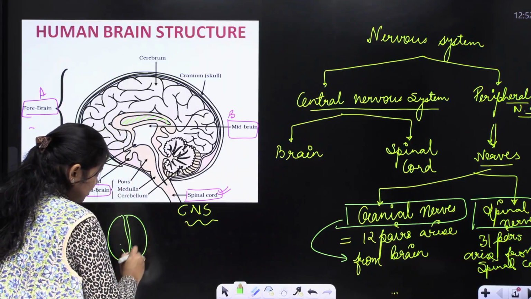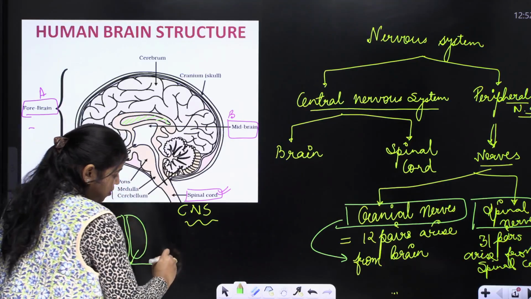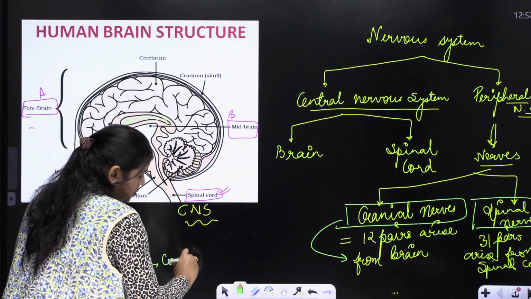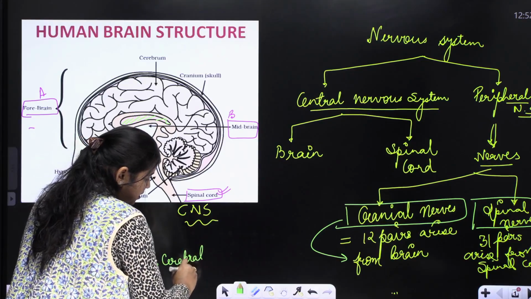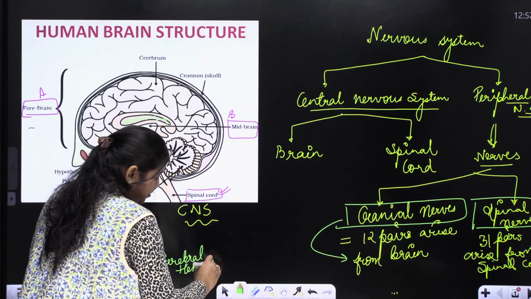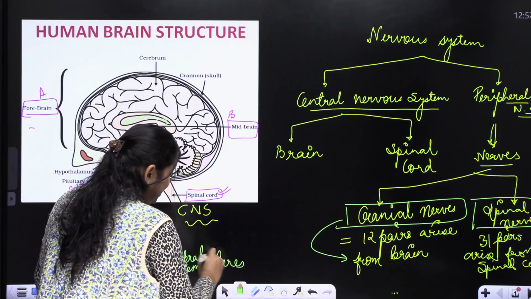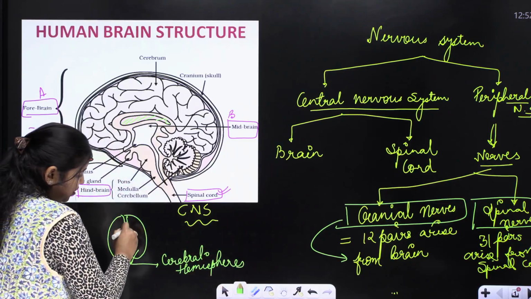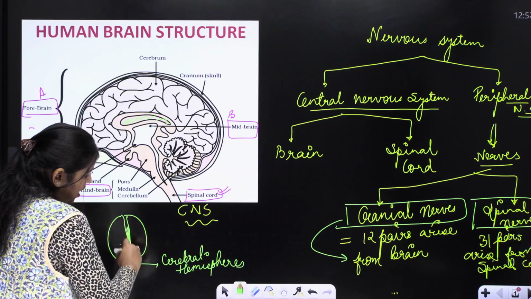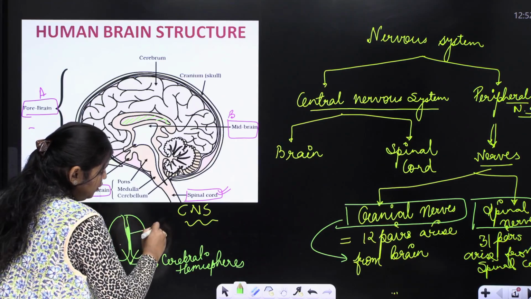So these two parts of the brain are called cerebral hemispheres.